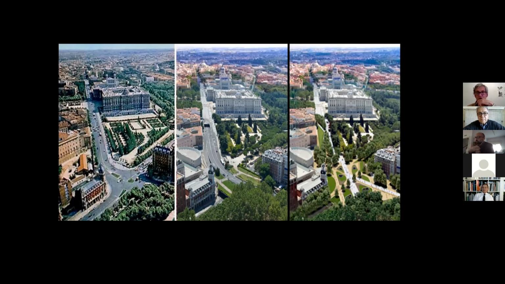And this is the project, the result of our proposition, which is to connect the Royal Palace with this green area in different levels, integrating on one hand the historical and heritage remains, and on the other hand the green spaces from the river to the center of the city.